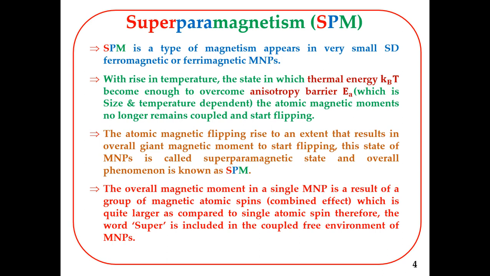However, if we reduce the temperature, we can block it. With the rise of the temperature, the state also becomes superparamagnetic. So it's a competition between the thermal energy and the anisotropy energy.